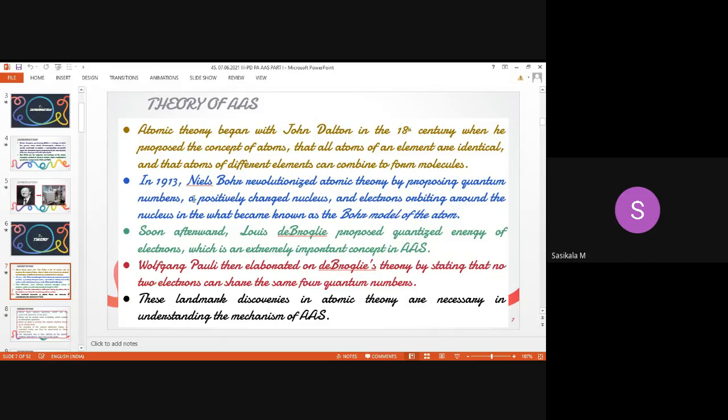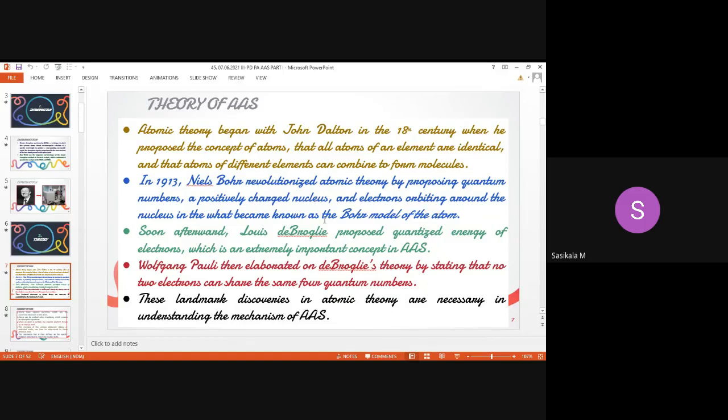In 1913, Niels Bohr's atom, you should have heard. Niels Bohr revolutionized atomic theory by proposing quantum numbers. Quanta represents what? Photon. So, a positively charged nucleus and electrons orbiting around the nucleus became known as the Bohr model of the atom. The nucleus is positively charged.